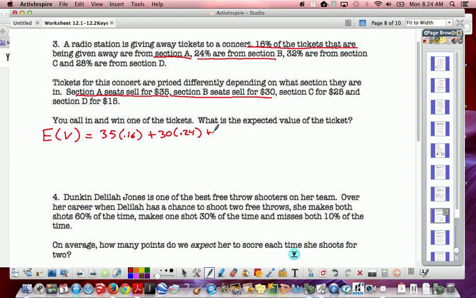Section C is $25, with 32% of the tickets. And Section D is only a $15 ticket, and 28% of the tickets are from that section.